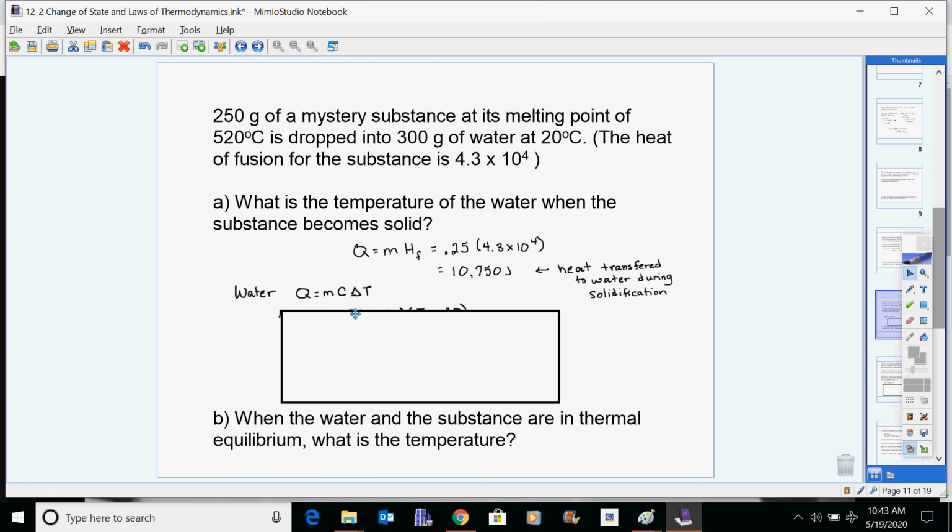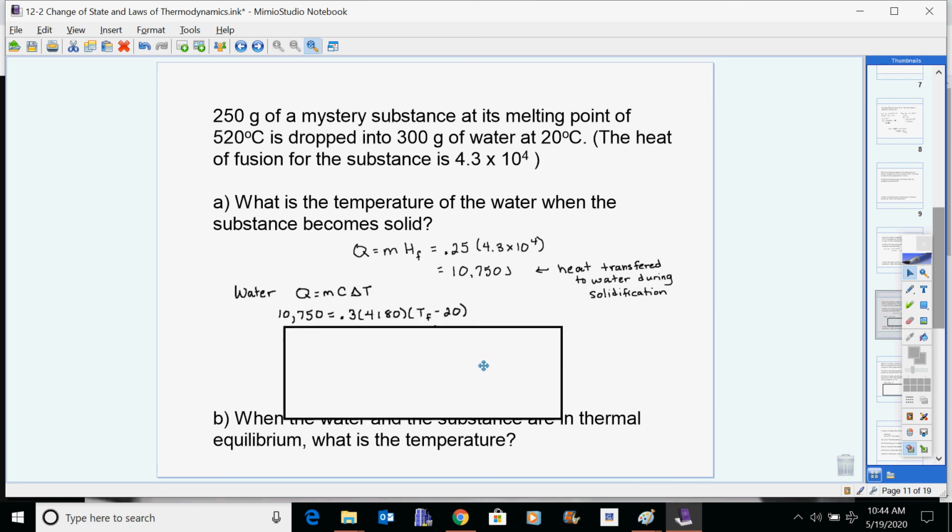So the mass of the water is 0.3 kilograms. The specific heat of the water is from the chart. Delta T is the later temperature minus the earlier temperature. The earlier temperature of the water was 20 degrees Celsius, but the final temperature is what we're looking for.